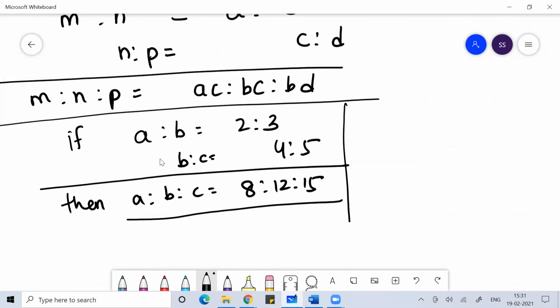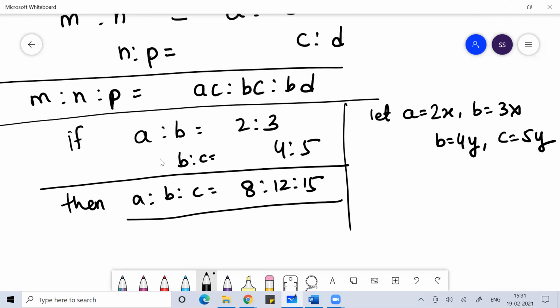You can write this as: let A be equal to 2x, then B will be equal to 3x. And B is to C is 4 is to 5, so if B is equal to 4y, then C is equal to 5y.